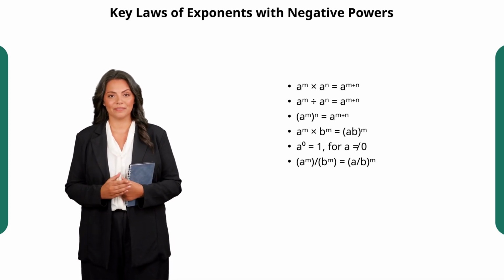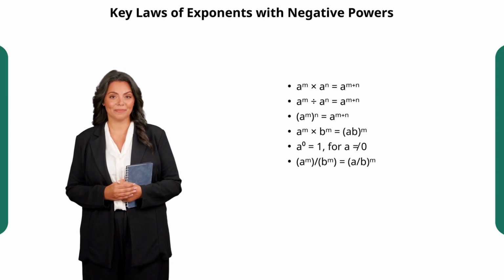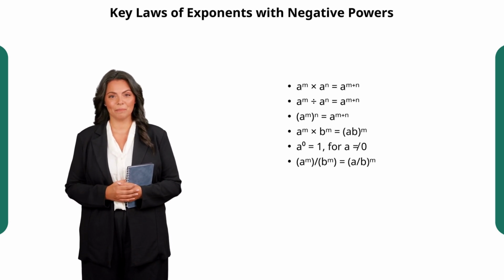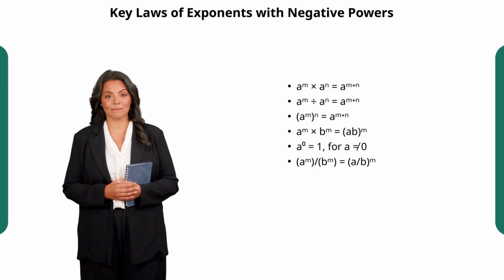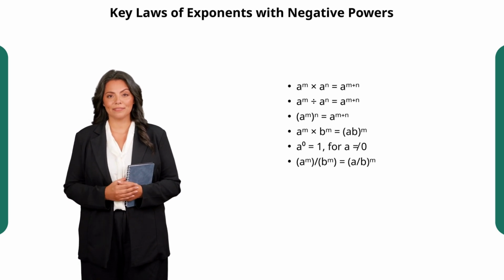In other words, a to the power m multiplied by b to the power m equals open bracket a times b, close bracket to the power m. Fifth, any non-zero number raised to the zero power is always 1. That is, a to the power 0 equals 1, for a not equal to 0.